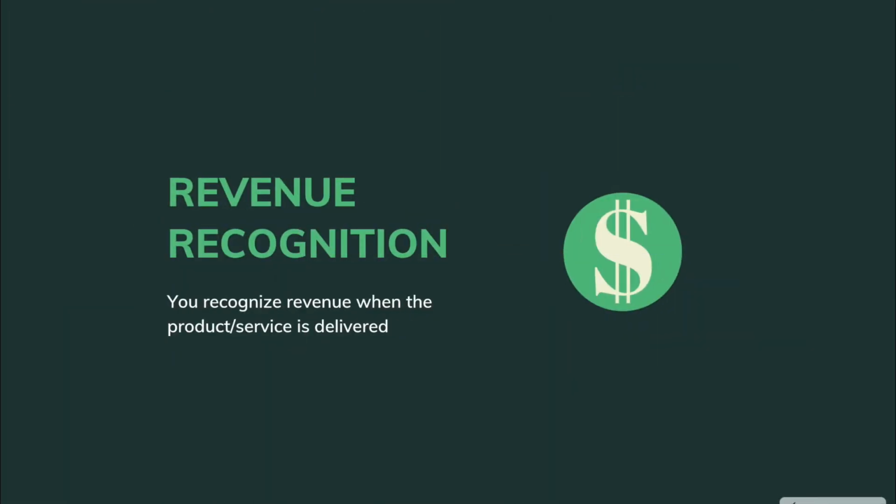Right, and guys, this is the concept of revenue recognition. You recognize revenue when the product or service is delivered, not when you actually receive that money. So let's take an example of an insurance company. Let's say you purchase insurance at $500 for 5 months of coverage. Now, can the insurance company recognize that revenue right away? No, because they have taken $500 from you, but they have not provided that coverage yet. So that revenue is recognized every month.